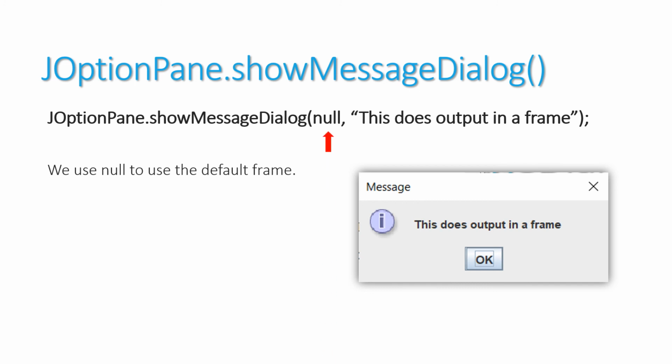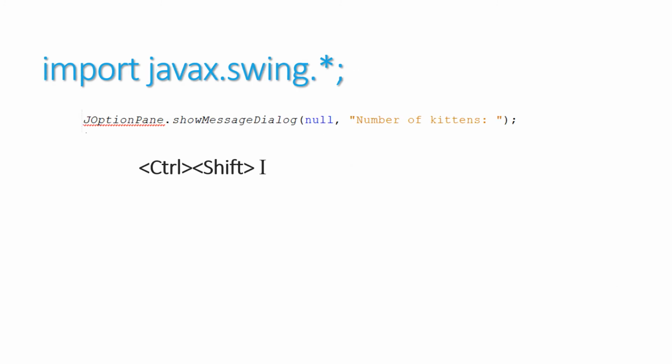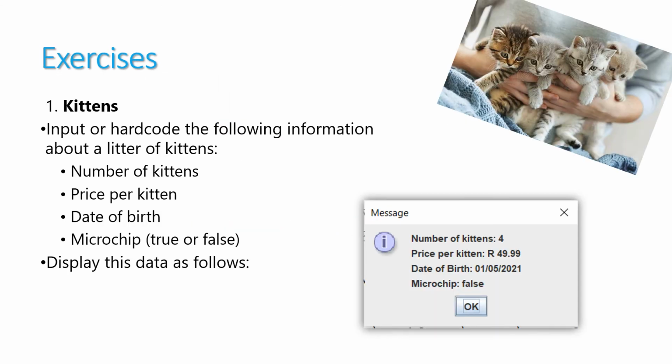Don't forget the null comma in front. But otherwise, it works very similarly to System.out.println. Don't forget to do the import as well, Control-Shift-I, which will make sure that you can use the JOptionPane class.